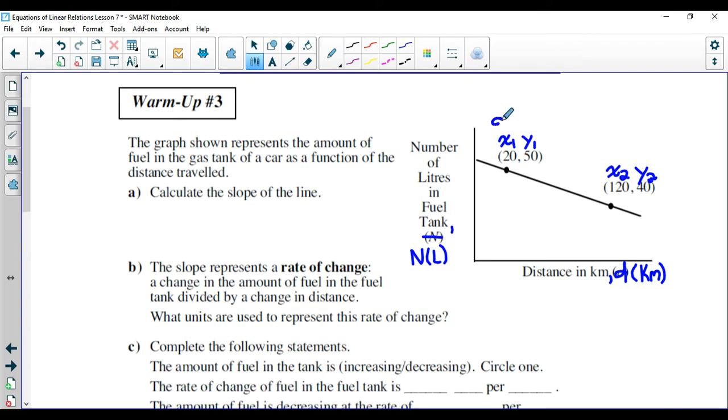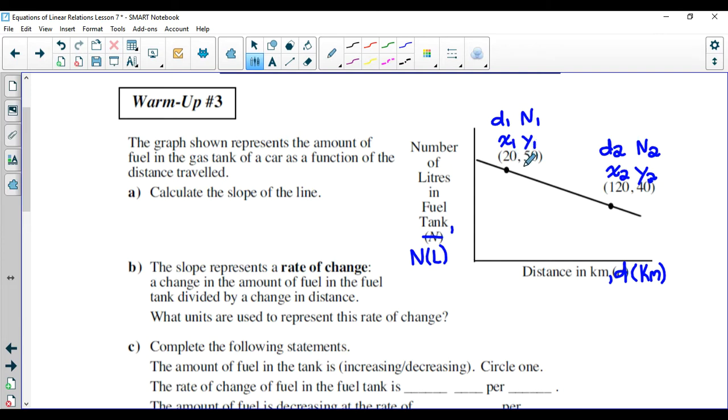So in this problem right here, it's not x, we're talking about d. So this first point, I could label it as d1. And the second point, this x coordinate, I could label it as d2 because we're talking about distance. And then the y coordinate, it's not y, it's number of liters. So we could label this y coordinate as n1. We could label this as n2.